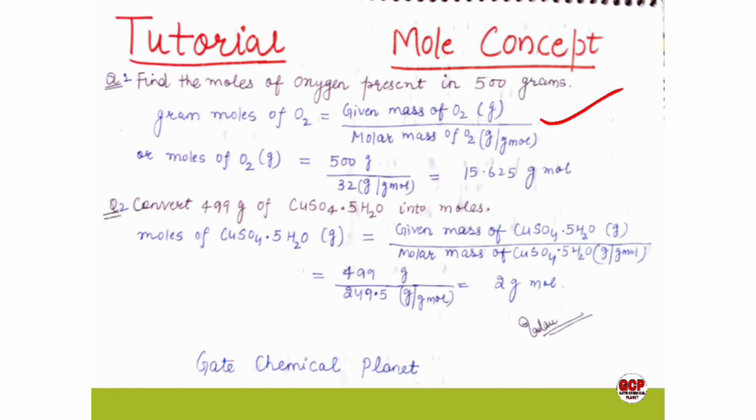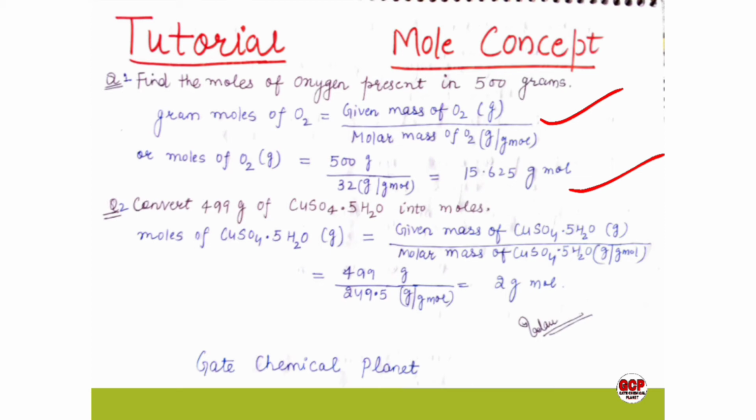So the answer is 15.625 gram mole. If we write everything with units, then we get the answer with units. It is a very proper way of doing calculations, and it helps in moles calculation and also in solving material and energy balance calculations.